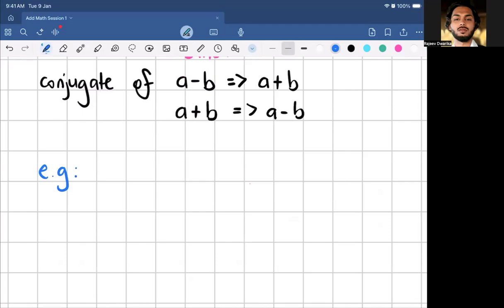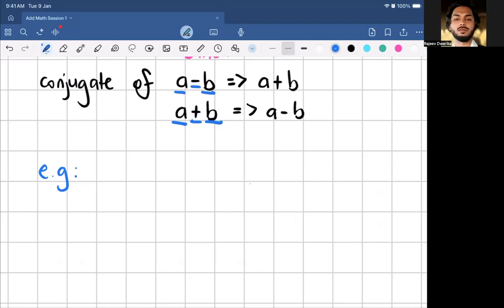Shina, when I say binomial, does it confuse you? Do you know what binomial means? No, sir. So you see how we have two terms over here and we're adding them?